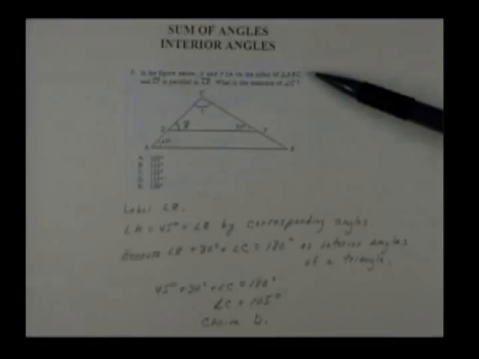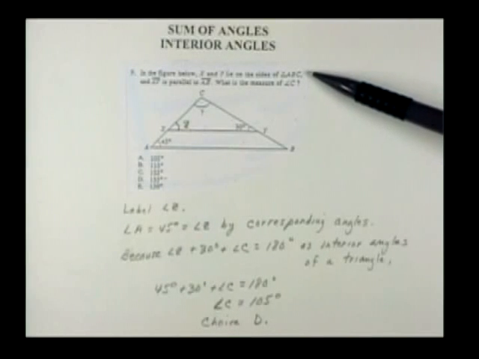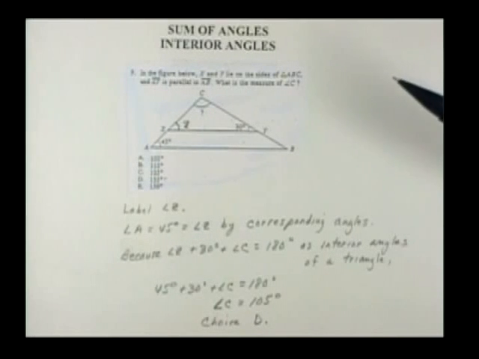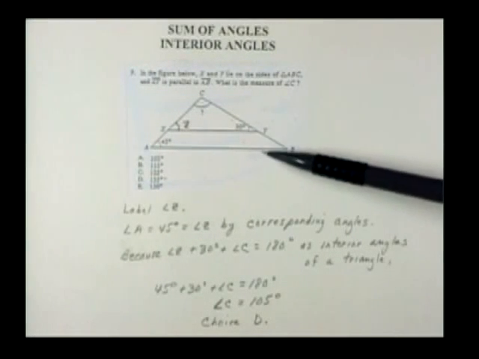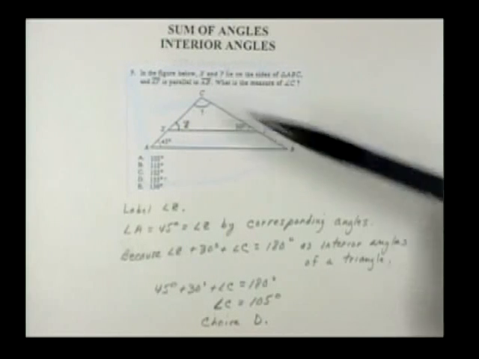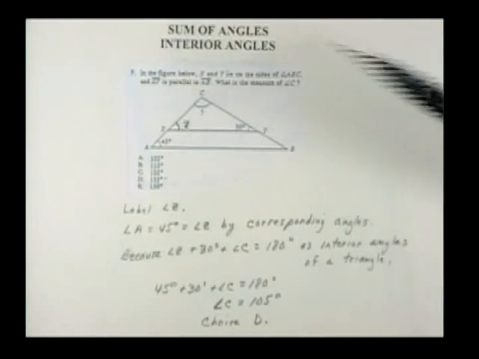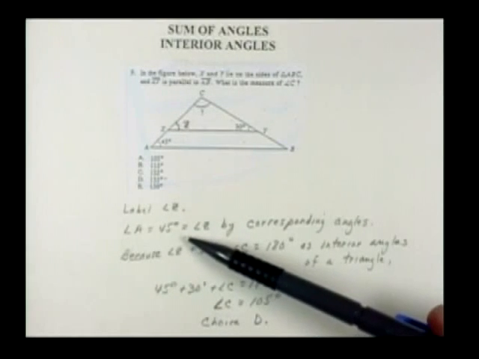In the figure below, X and Y lie on the sides of a triangle ABC. And the line segment XY is parallel to the line segment AB. What is the measure of angle C? Label angle Z. Angle A is 45 degrees.